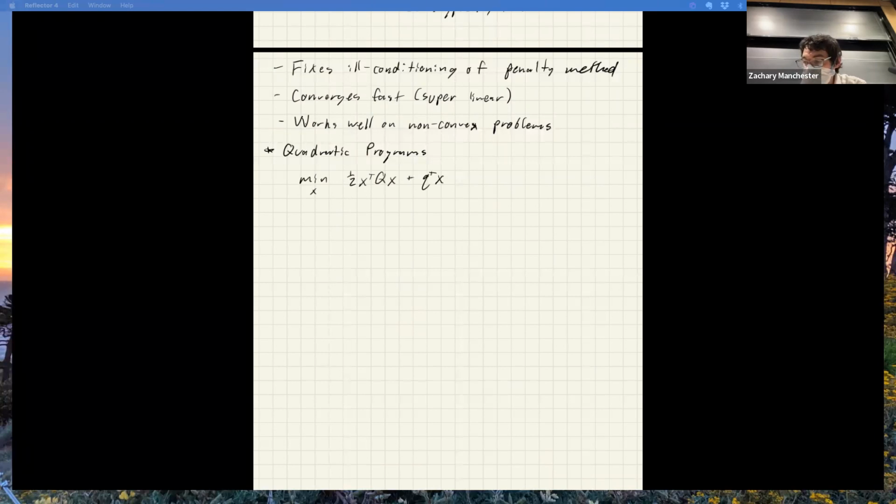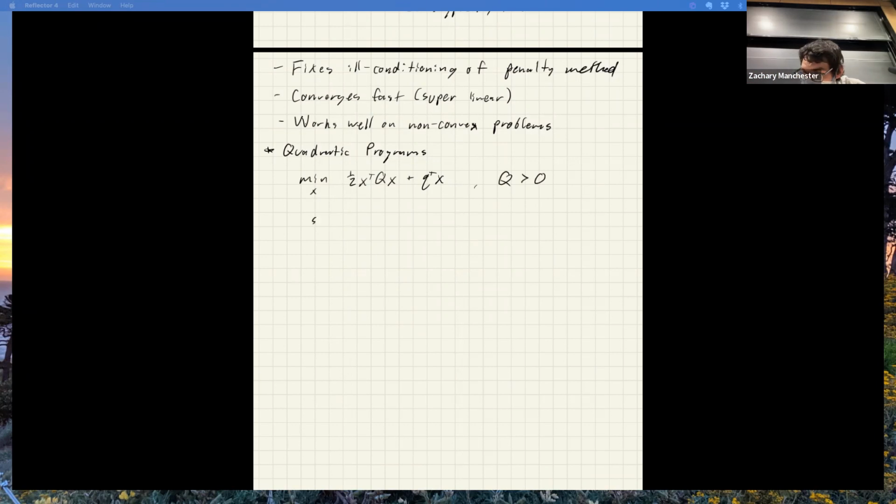When I say convex quadratic, can anyone tell me any caveats to what I just wrote down that make it convex or not? Yes, for standard QPs like this, we enforce strict positive definiteness. That guarantees a unique solution. So we say Q strictly positive definite.